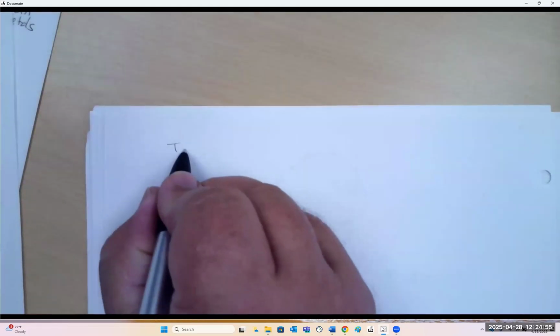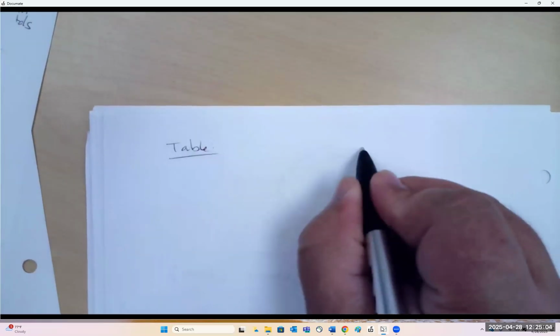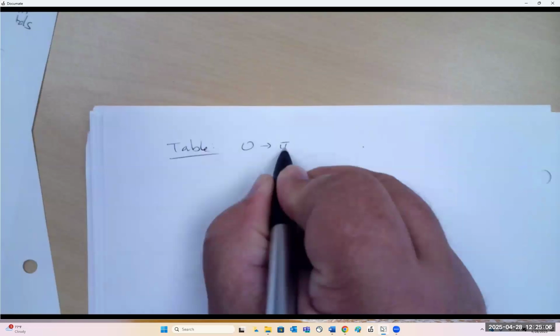Now the table. We're doing from 0 to pi over 2.